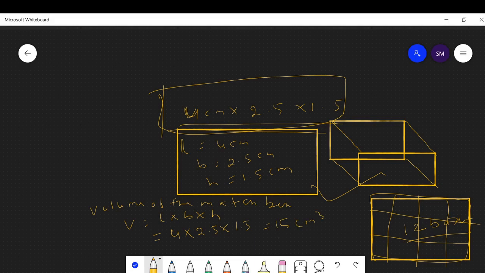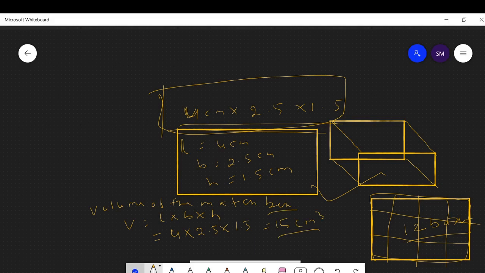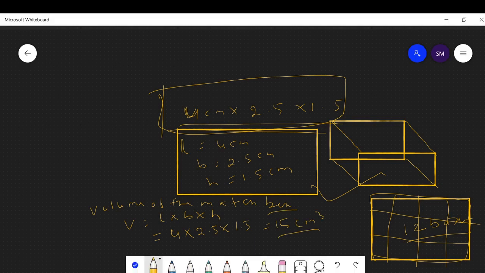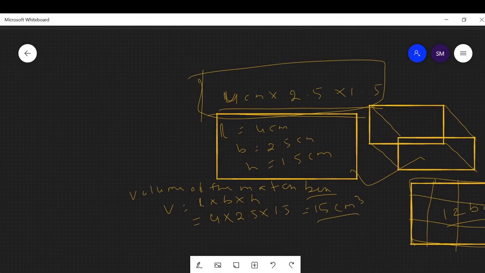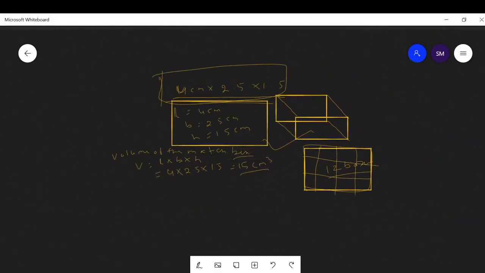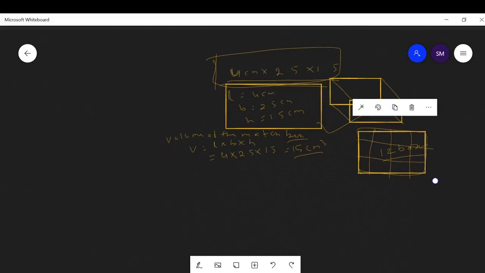But the question says this pack contains 12 such boxes.